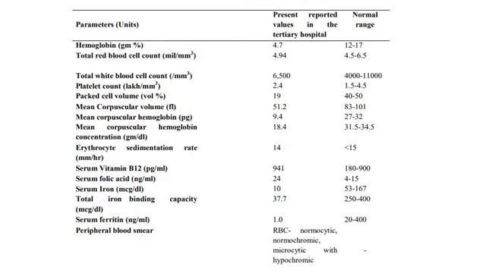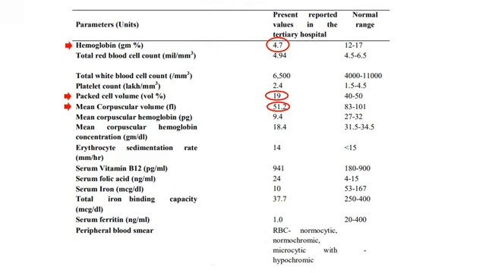In this slide, we see a peripheral blood picture, complete blood count of a patient of iron deficiency anemia. See, the hemoglobin is 4.7 gram per deciliter. Look at the packed cell volume, it is 19, whereas normal is 40 to 50. The mean corpuscular volume is 51, less than 80.